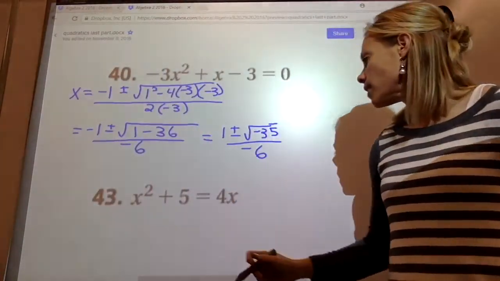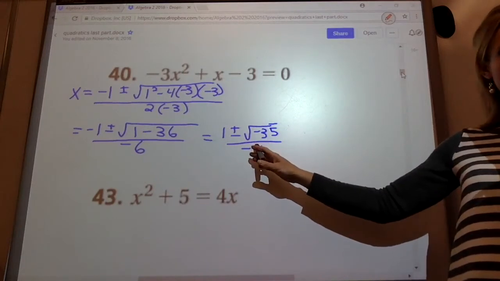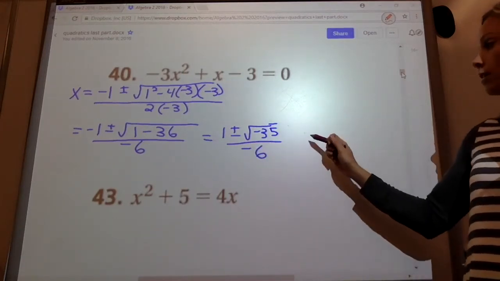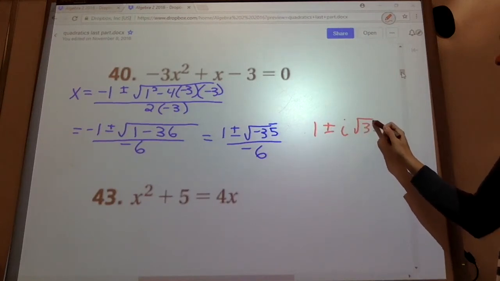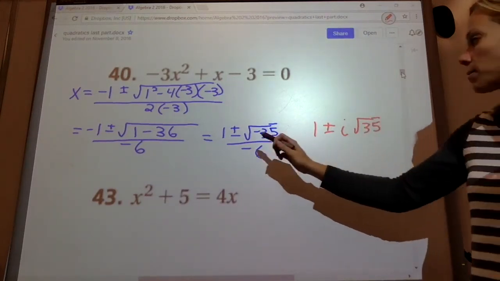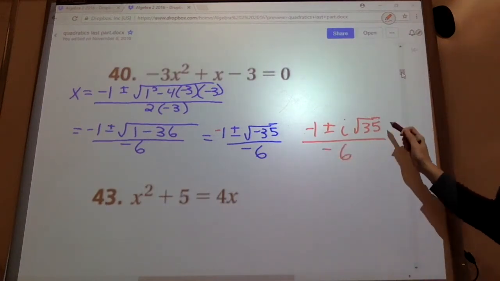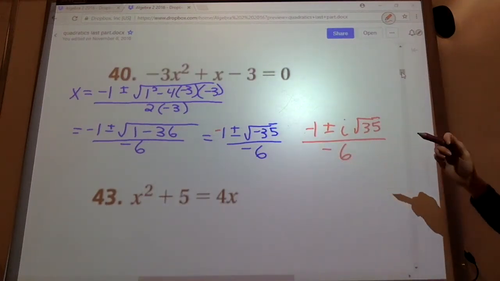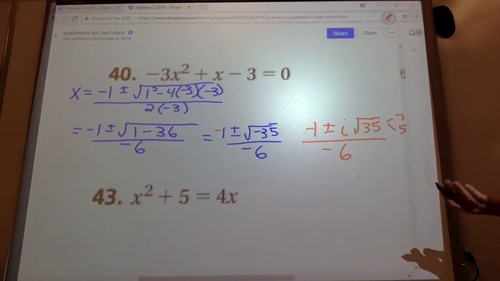So I should recognize right here, now that I'm reducing it, oh, there's a negative underneath. I better pull out an i. So 1 plus or minus i root 35. What happened to my negative, right? There we go. Does 35 reduce now? No. 7 and 5, there's not 2 of anything.